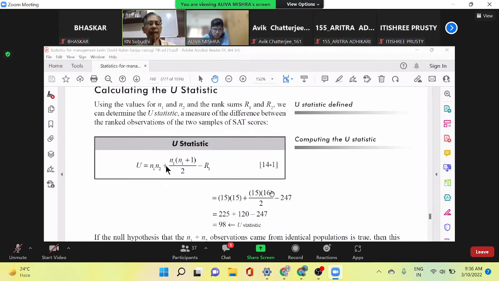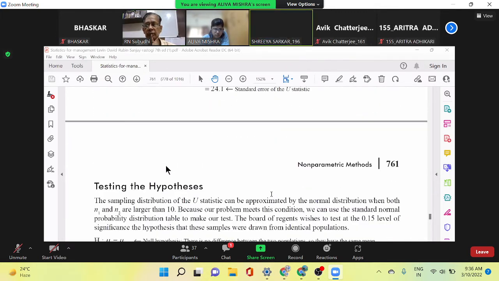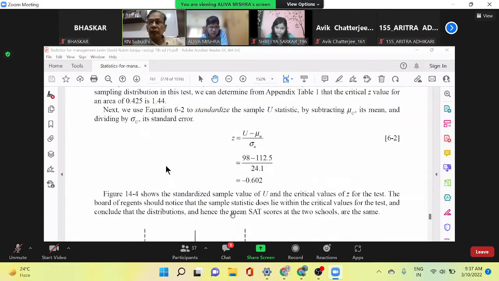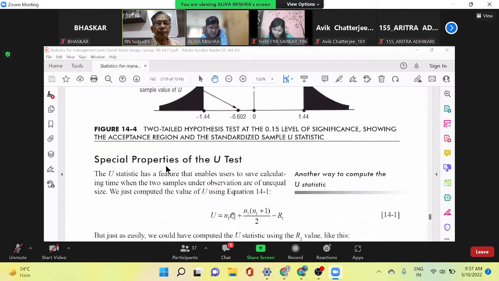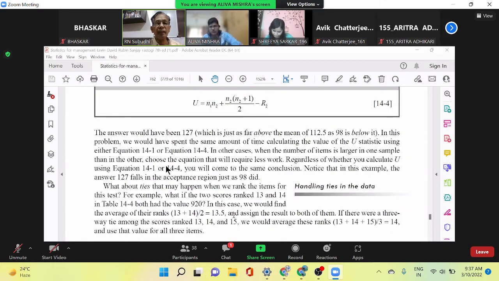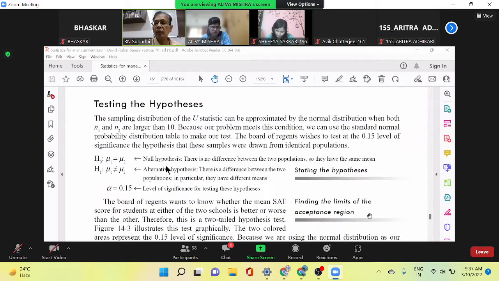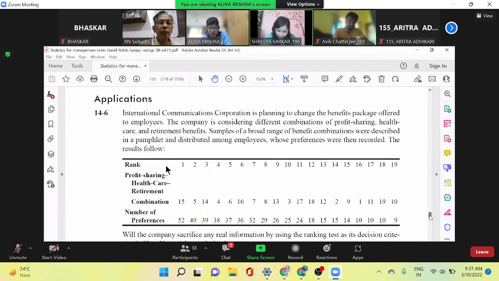You can do Ctrl plus F, run, and find where run is written. Printed book page number 758.